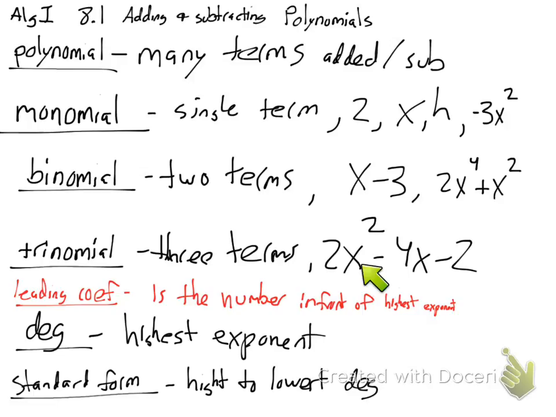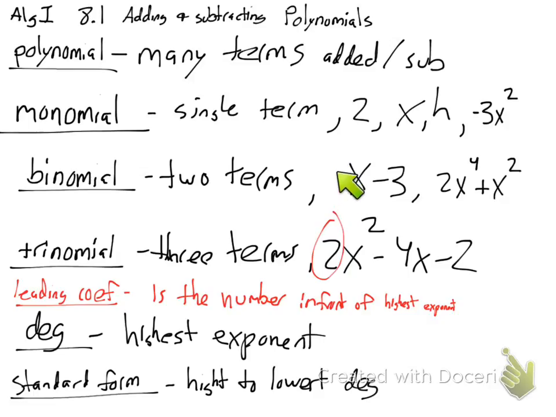So let's look back at our trinomial. This is in standard form, highest to lowest power, right? We're going to do an example of all these. But 2x squared is the leading term. That means the 2 is the leading coefficient. If I go up here to the x minus 3, what's the leading coefficient? What number is on the x? What's here?